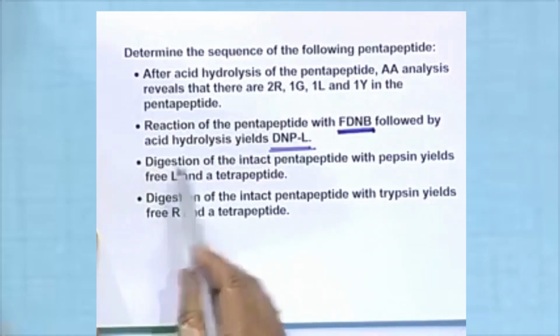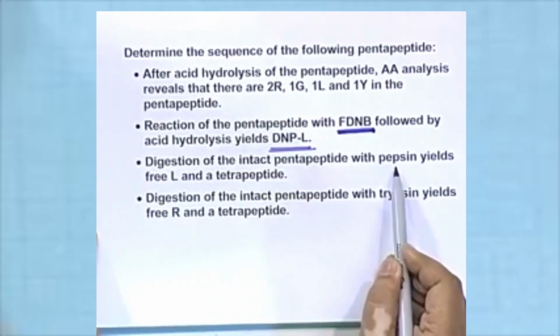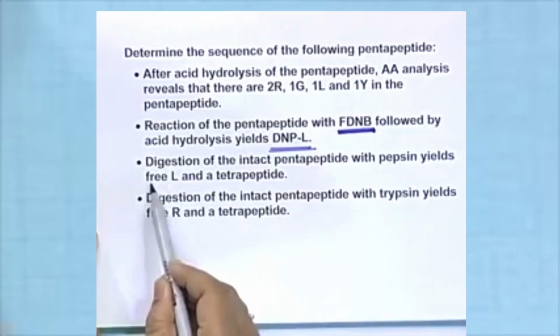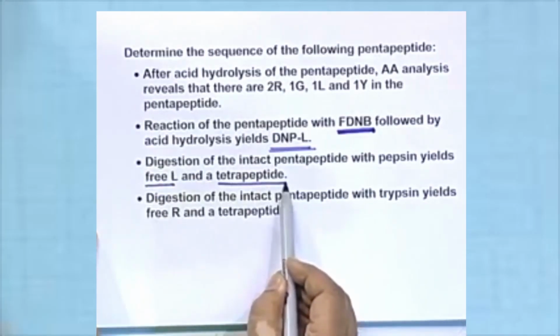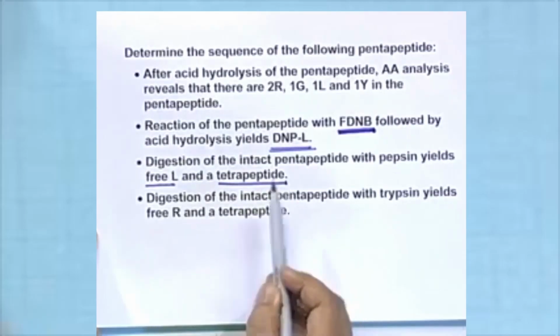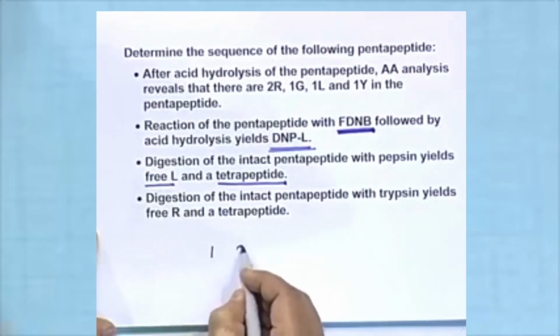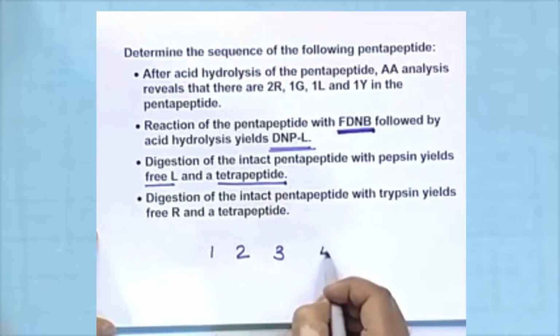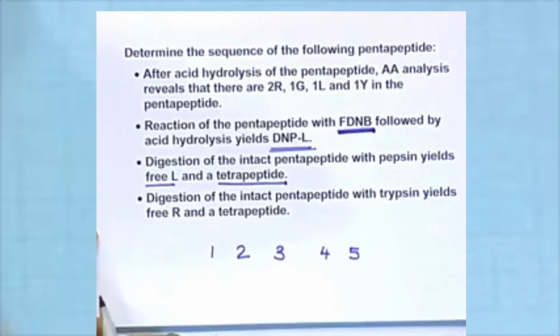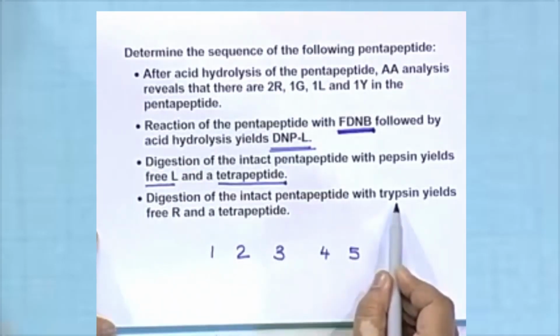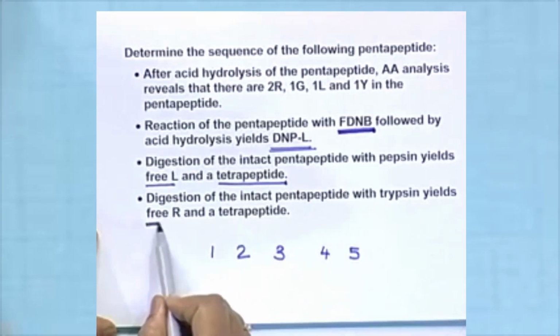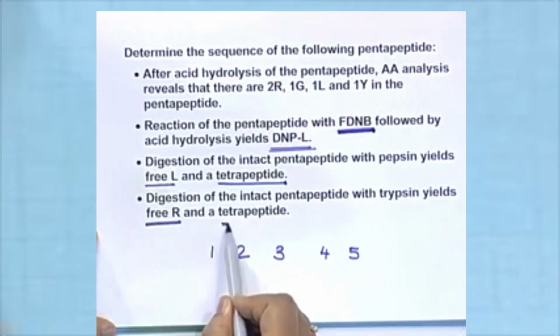If you digest the peptide with pepsin, you will get L and a tetrapeptide. You know it is a pentapeptide, so you have 1, 2, 3, 4, 5. Digestion of the pentapeptide with trypsin gives you free R and a tetrapeptide.